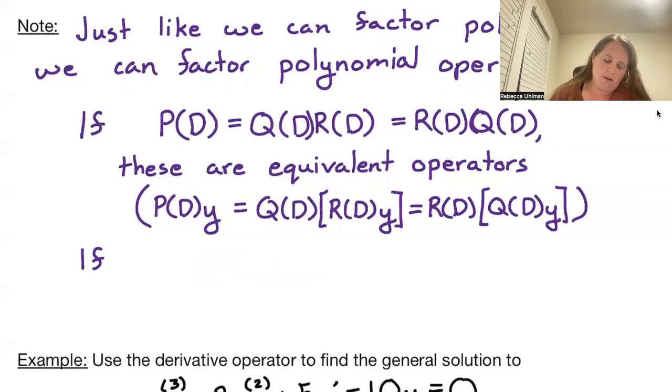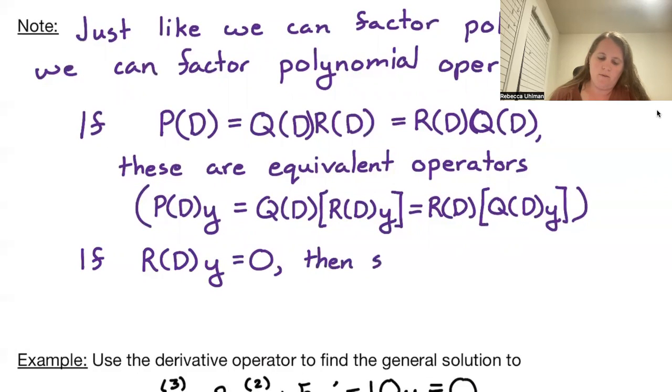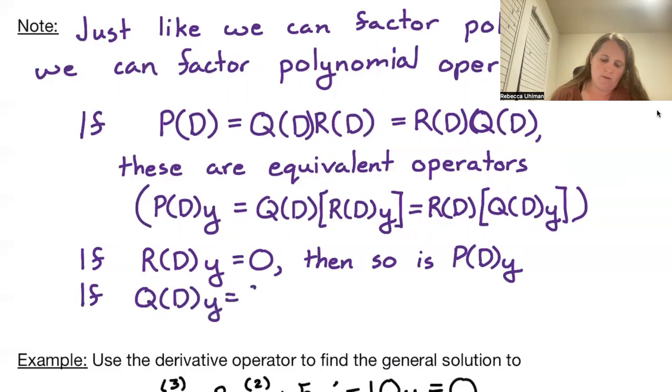So if R of D y is equal to 0, then so is P of D y. And similarly, if Q of D y is equal to 0, then so is P of D y.